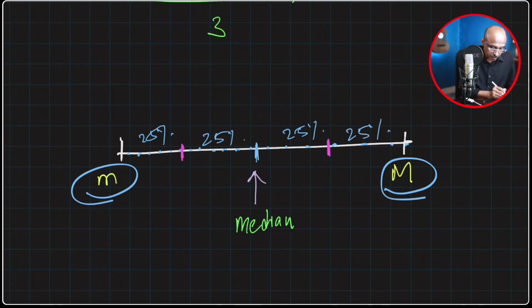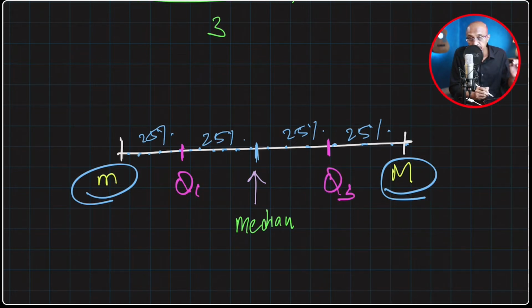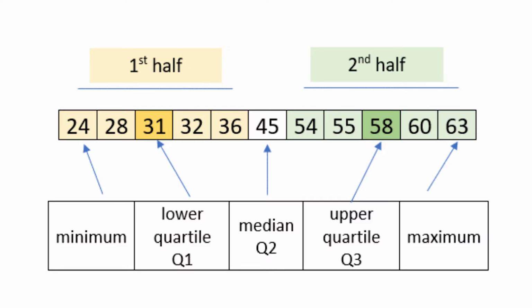And these 2 special numbers are called quartiles. Q1 is what we call the lower quartile. Q3 is called the upper quartile. So we've got 5 numbers: the minimum value, the maximum value, the lower quartile, the upper quartile, and the median. And what is the purpose of these 5 special numbers?